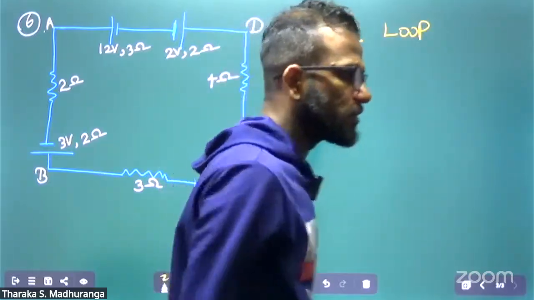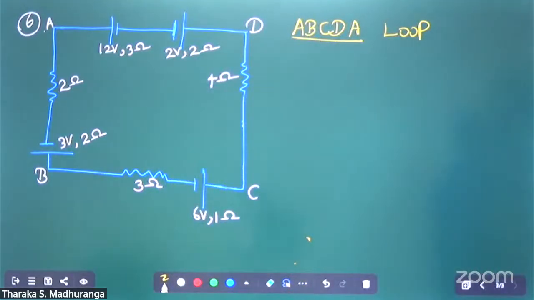Can you get it within 2 minutes? You need to calculate the current flowing through this circuit.